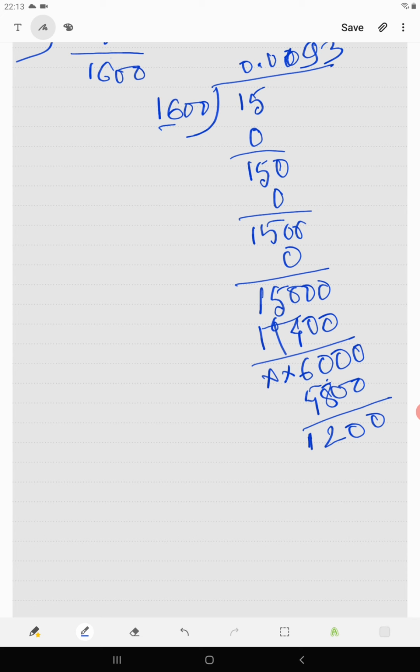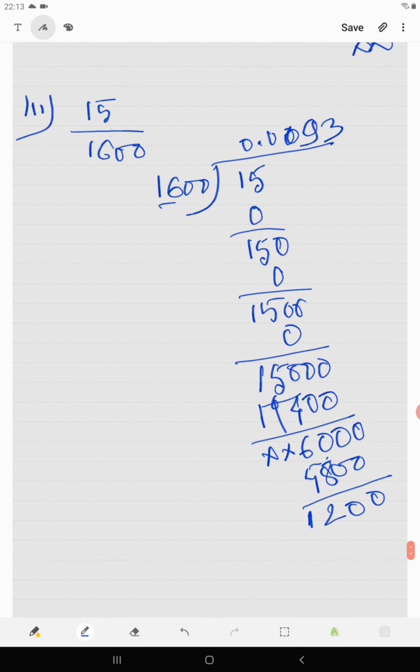Okay, now what will the next thing be? Put 0 over here. Okay, now again if you are checking for 1 digit, 1 is less than 16, again 12 is also less than 16. What I need to look for is 120 in the 16 table. Okay, so in the 16 table, 16 8s was 128, 16 7s is 112. Okay, that is near about this, so we will go for 7.